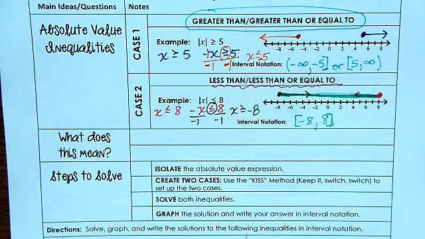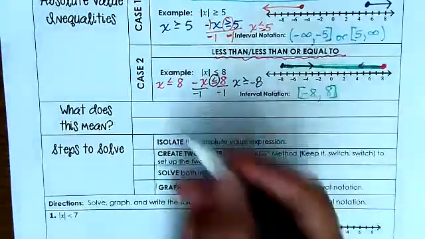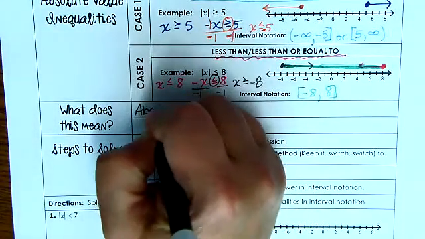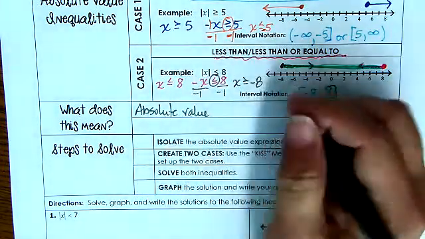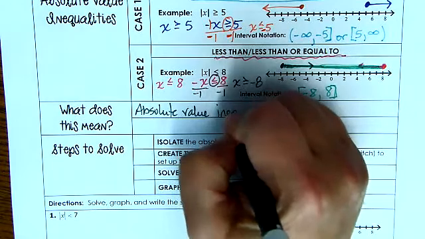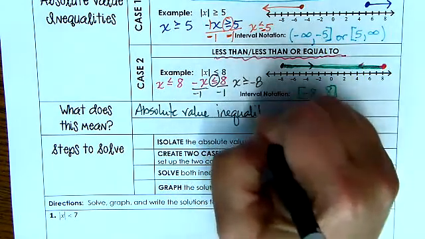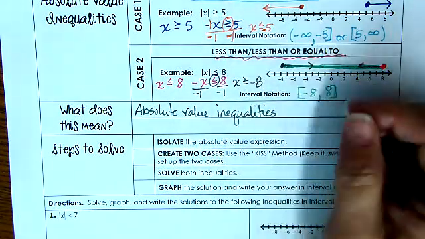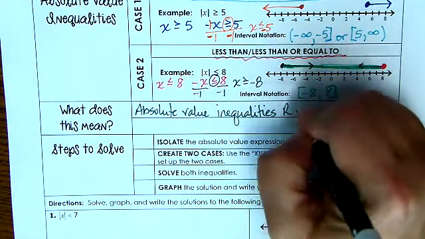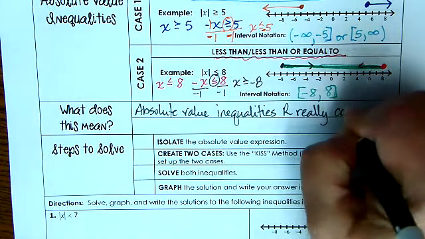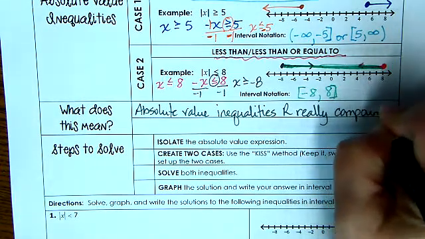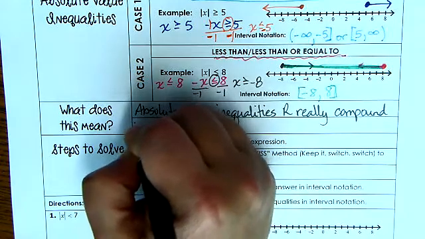Now let's write down what all this means. Absolute value inequalities are really compound inequalities.